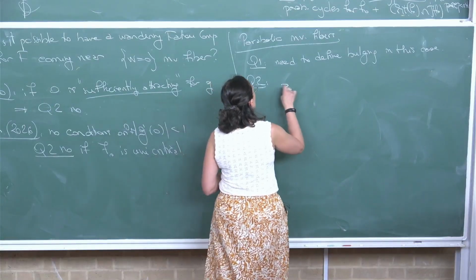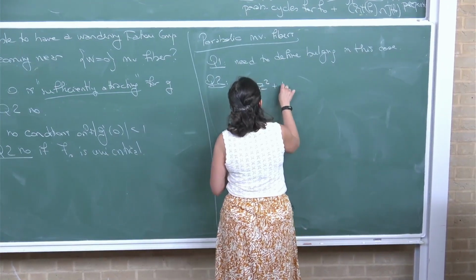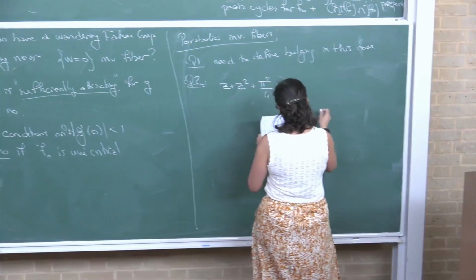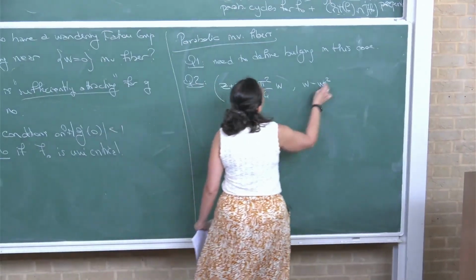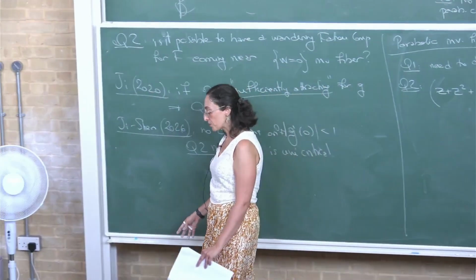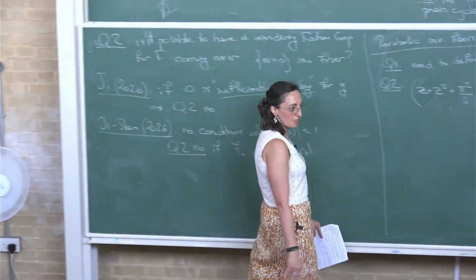So say you consider z plus z squared plus pi squared over 4w, and then w minus w squared. I'm not saying that this is exactly what we took. Just stay with me for 1 second.